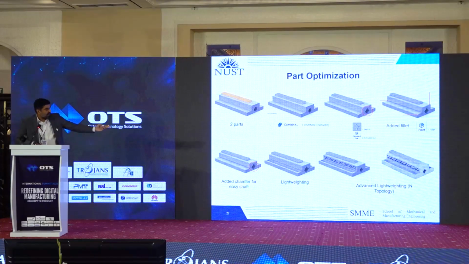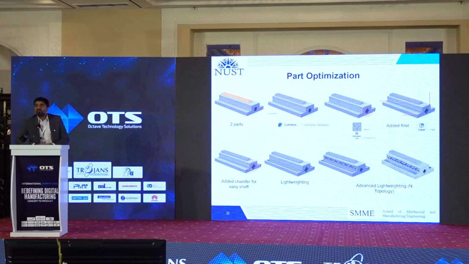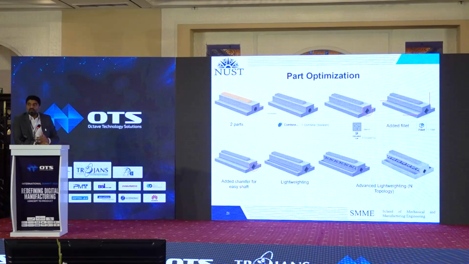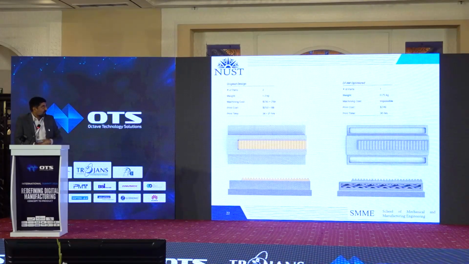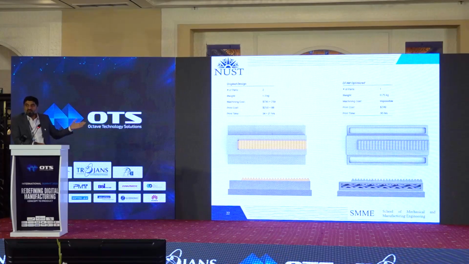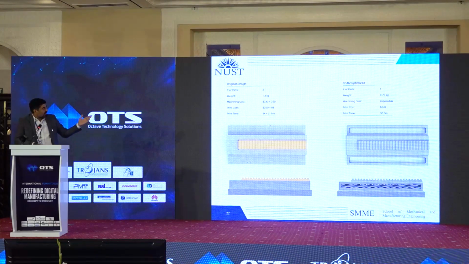But if you see the last two, where you have introduced lattices, due to these lattices you are reducing the weight, and also you are getting all the benefits of AM and getting stress-driven or functionally optimized structures as well. That is how the cost has been reduced. You can see the previous cost was almost $350, but now it is reduced to $249.